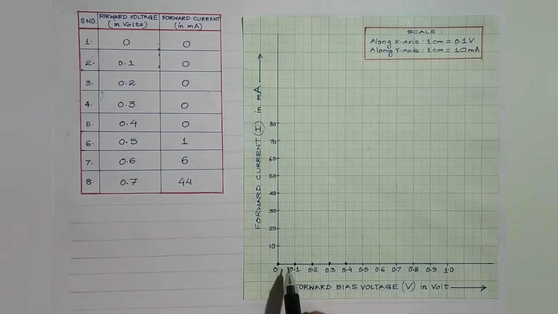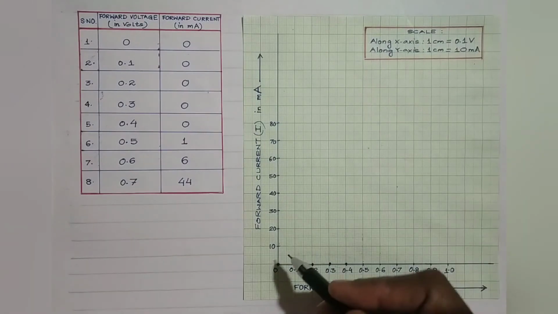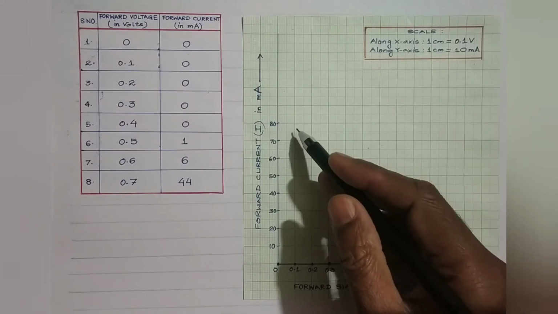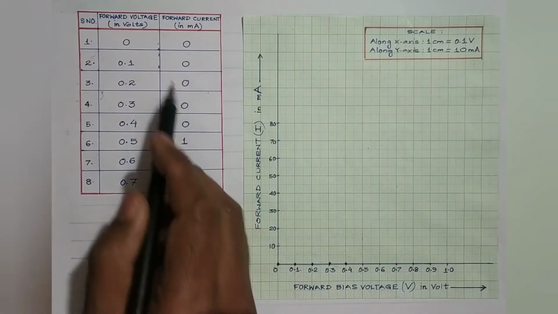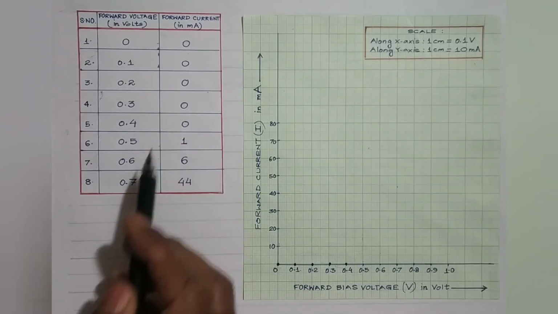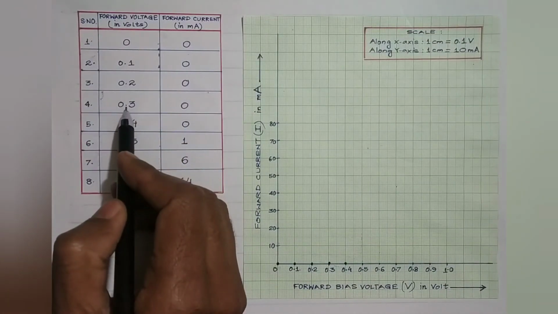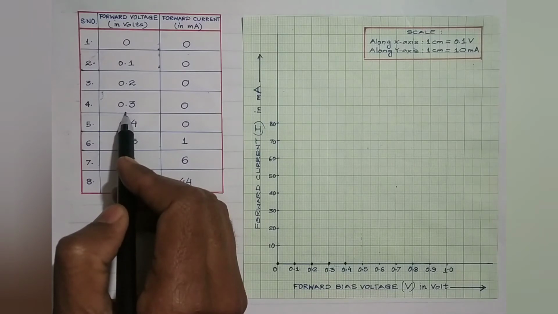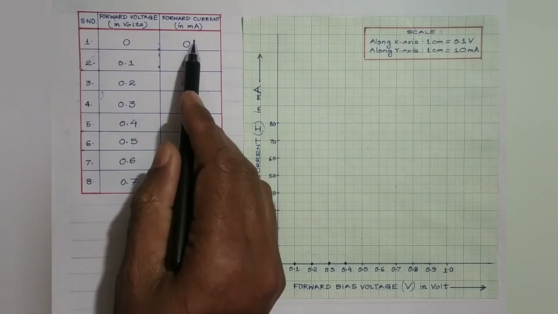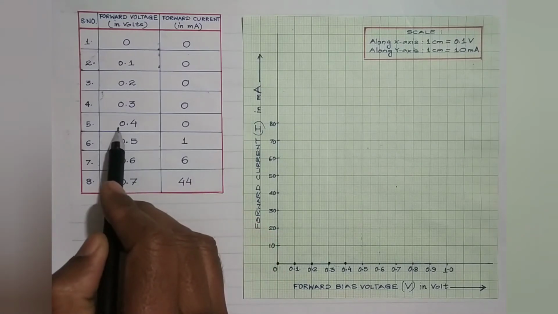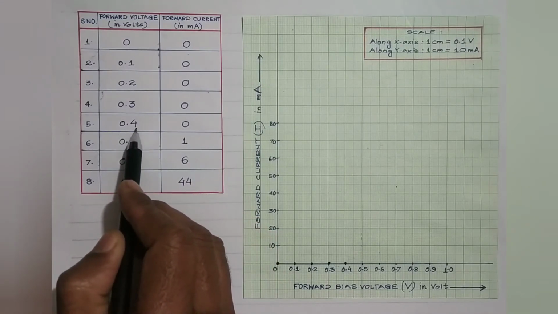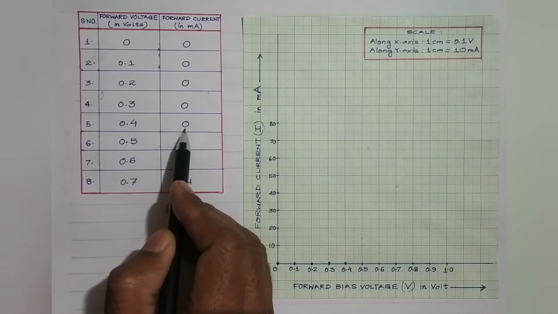And students, I have considered 1 centimeter along the x-axis to be equivalent to 0.1 volt and 1 centimeter along the y-axis to be equal to 10 milliampere. Now initially, as I've stated, when the applied voltage is less than the potential barrier, the forward current through the diode is almost zero, right? So till 0.4 volt, the current through the diode is zero.